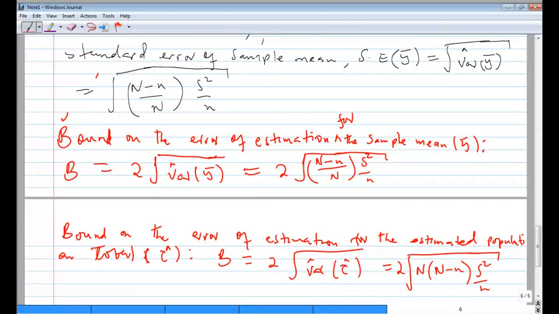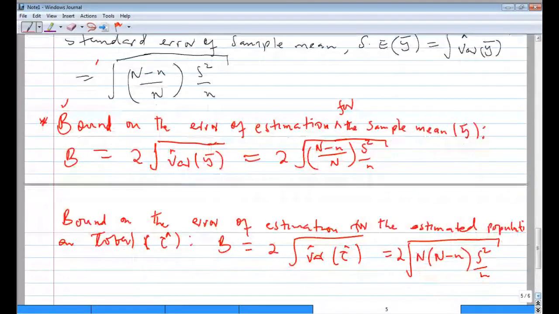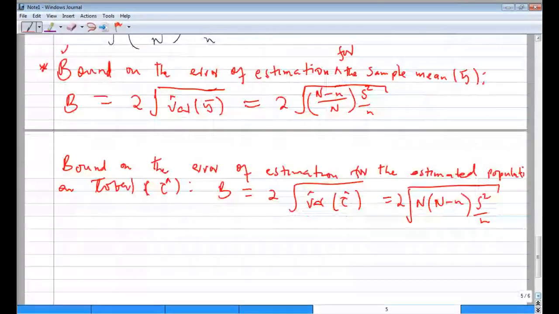Now, let's go to the bound on the error of estimation for the population mean. Remember, the first one was the estimation of the estimated population mean. Now we're going to the bound on the error of estimation for the population mean. And see how the formula looks alike.